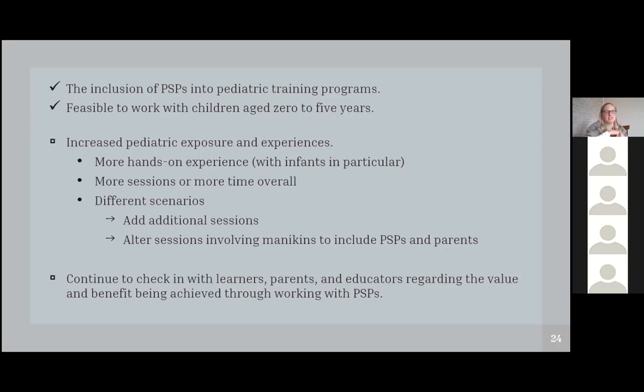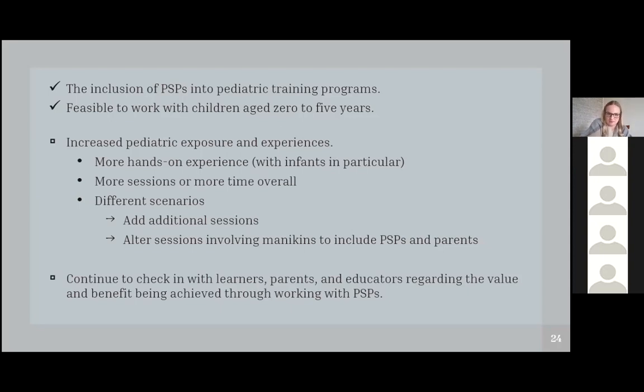My other recommendation was to increase pediatric exposure and experiences for those who are already incorporating work with PSPs. And this is kind of across all boards. Well, medicine and nursing were my two focus groups. So for nursing, specifically what the learners mentioned is they wanted more hands-on experience.